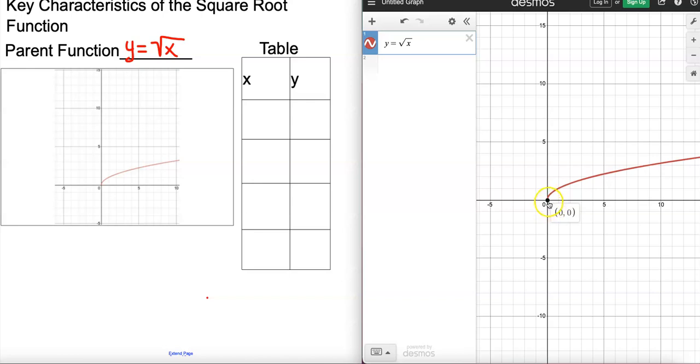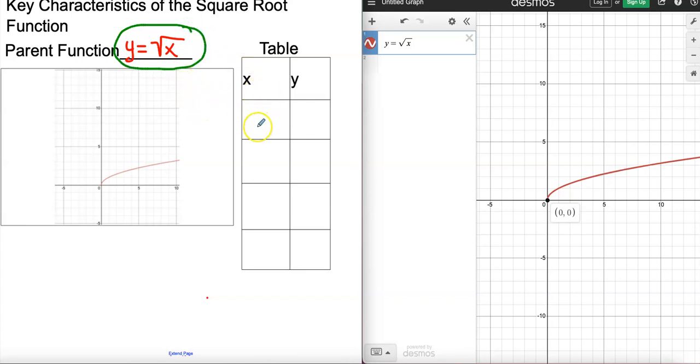So make sure that you understand that because it's at the origin. Now, what if I wanted to get table values for this function right here? Understand this is your function that we're looking at, y equals the square root of x.